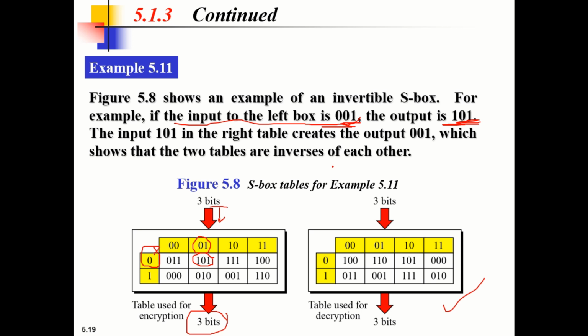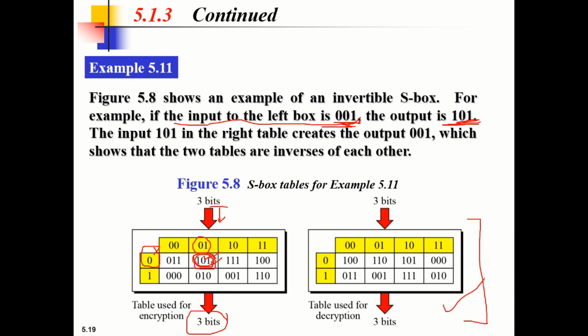Now at the decrypting end, what will our input be? It will be 1, 0, 1, right? Because this is the message which we have encrypted out of 0, 0, 1. We can call it the cipher text, the encrypted message 101. When we decrypt it, we should get the original message, which is 001. So we'll use this table for decrypting the message.